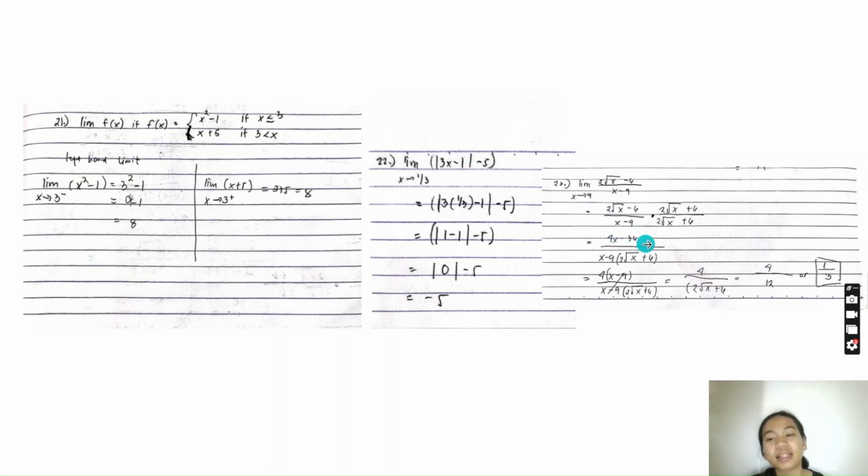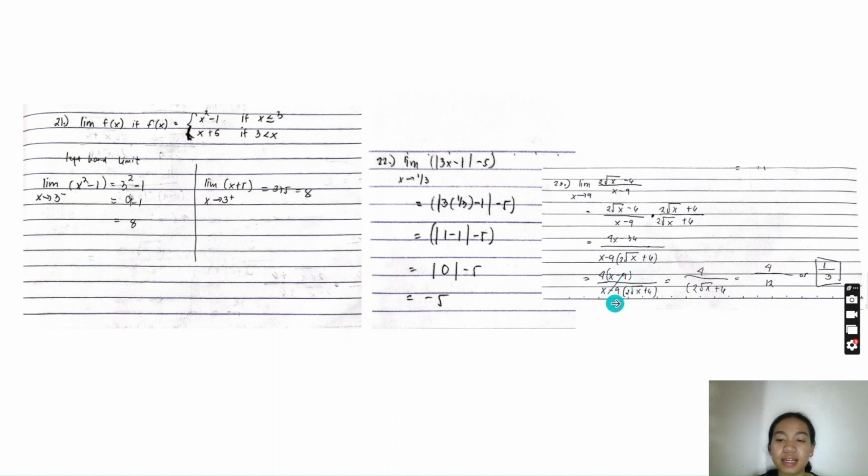And then x minus 9 times 2 times the square root of x plus 6, that gives us x minus 9 times the quantity of 2 times square root of x plus 6. Now, since 4x minus 36 can be factored by 4, then the remaining quantity inside is x minus 9.